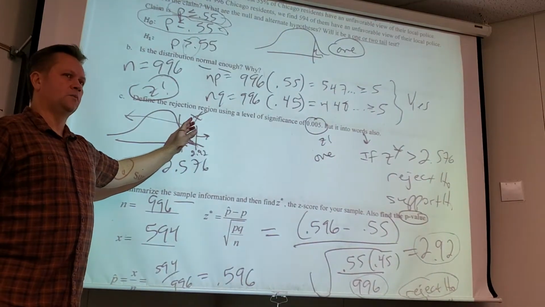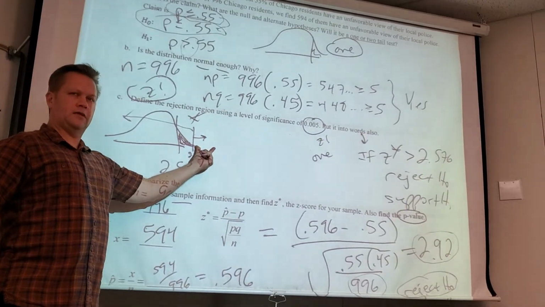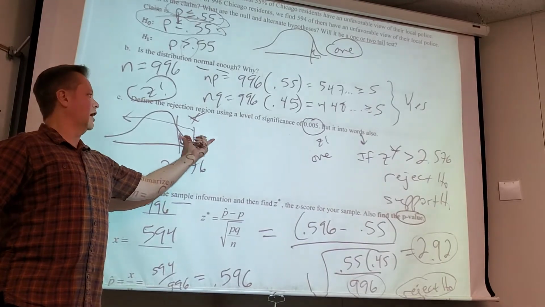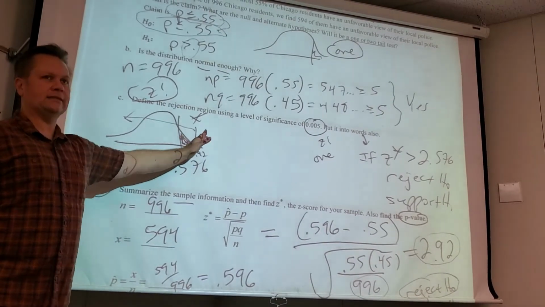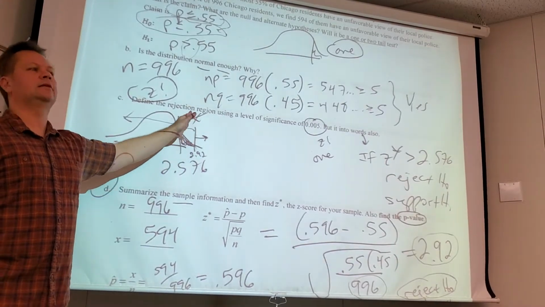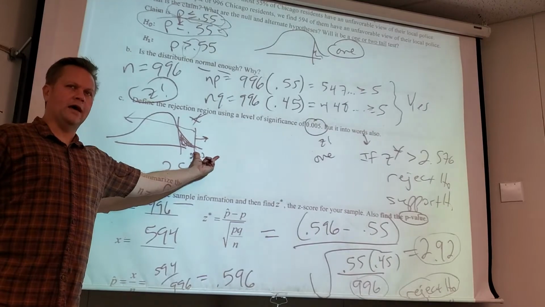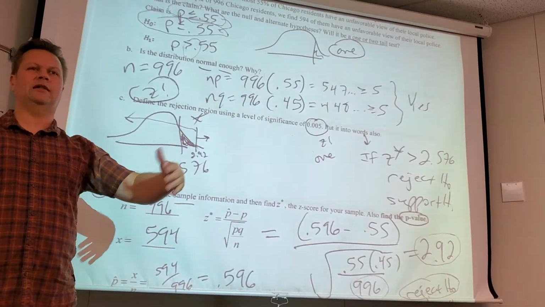The p-value is the size of my Z-star's tail, and alpha is the size of the rejection region tail. If I pass a hypothesis test, I'm further away, so my p-value should be less than alpha. That's another way to test a claim.